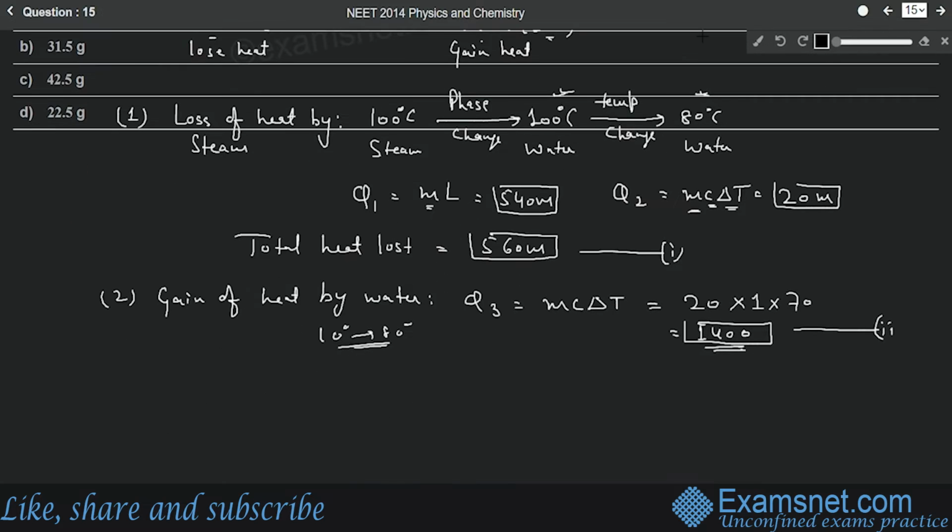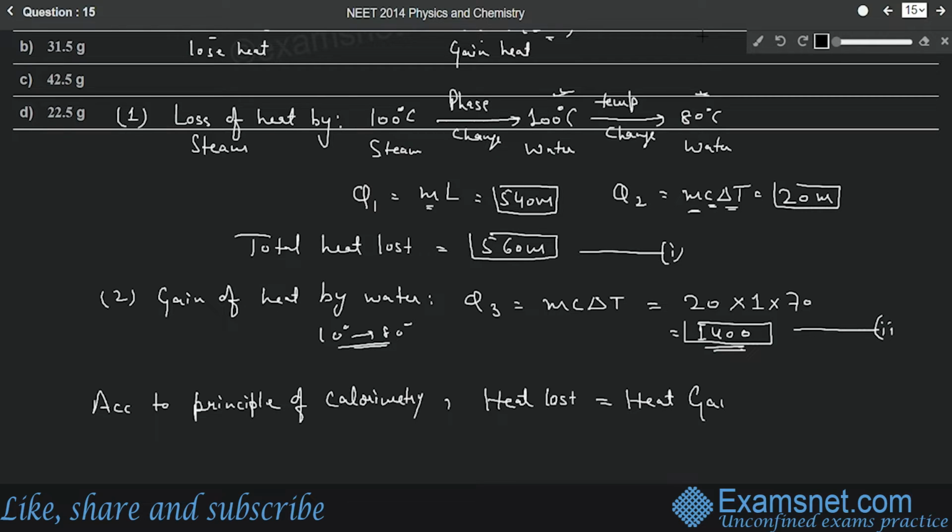Now, according to the principle of calorimetry, the heat lost by the steam will be equal to heat gained by the water.